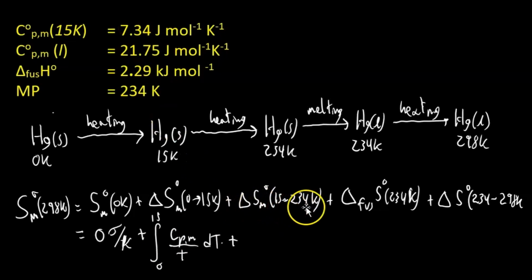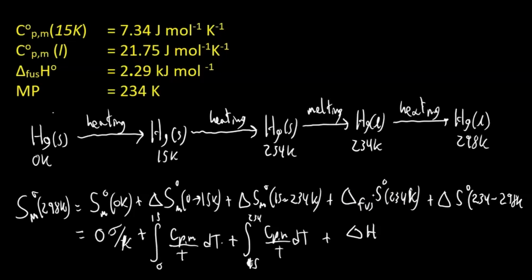So now we're going to heat it up from 15 to 234 Kelvin. So again, we'll use the same integral. We're going to go from 15 to 234 Kelvin of Cpm over T dT. And now that we heated it up to the melting point, we want to melt it. And this, again, I've made videos on it.